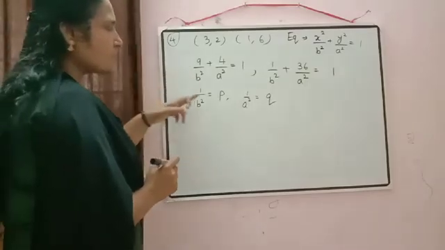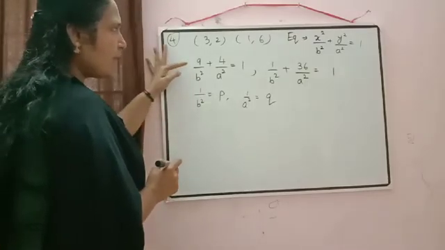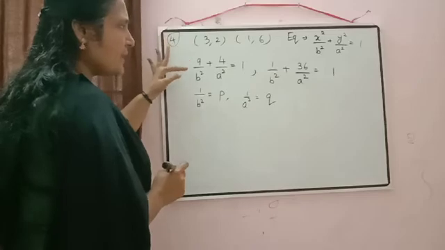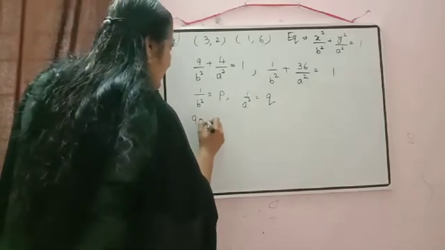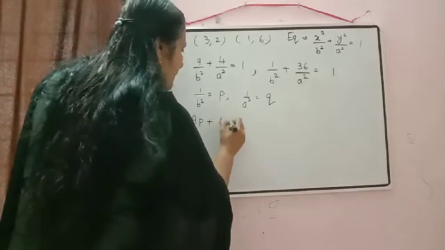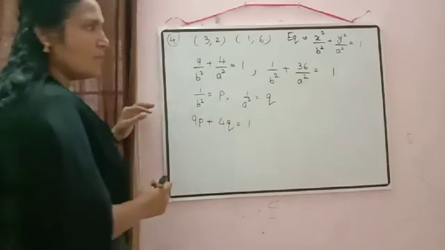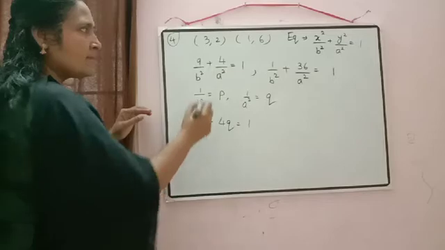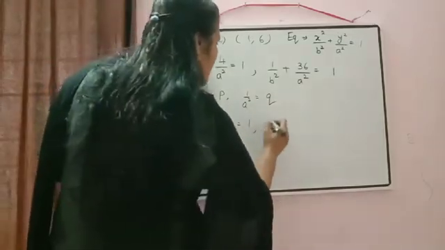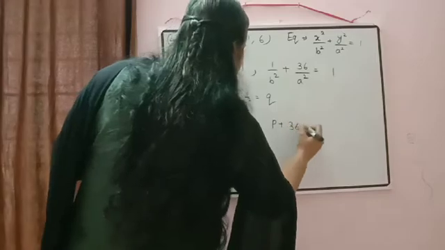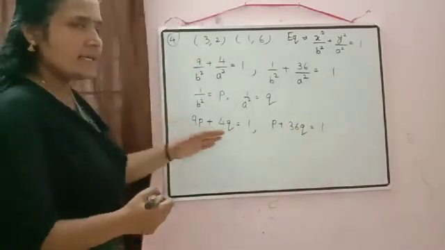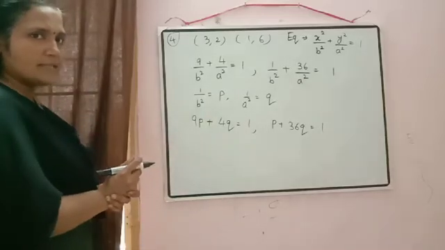So 9 by b square means 9 into 1 by b square. So our first equation will become 9p plus 4q is equal to 1. This is the first equation. And the second equation will be p plus 36q is equal to 1. Now just to check, it is a linear equation in two variables.